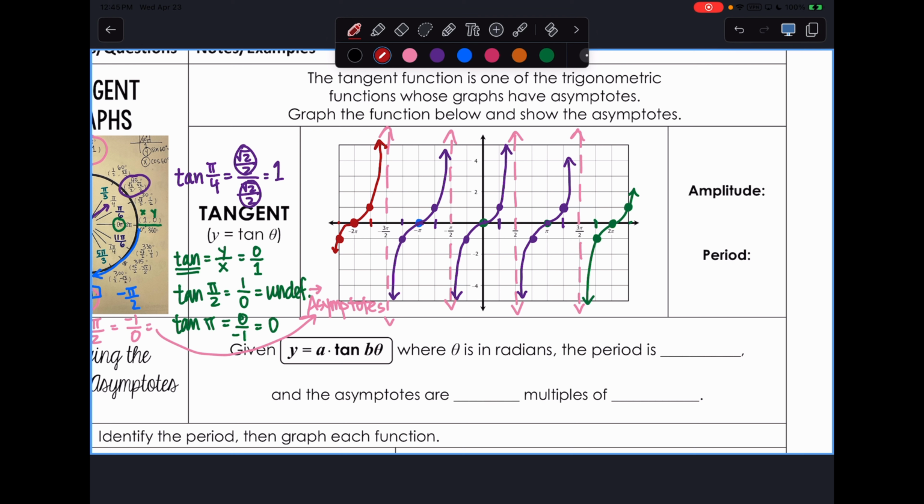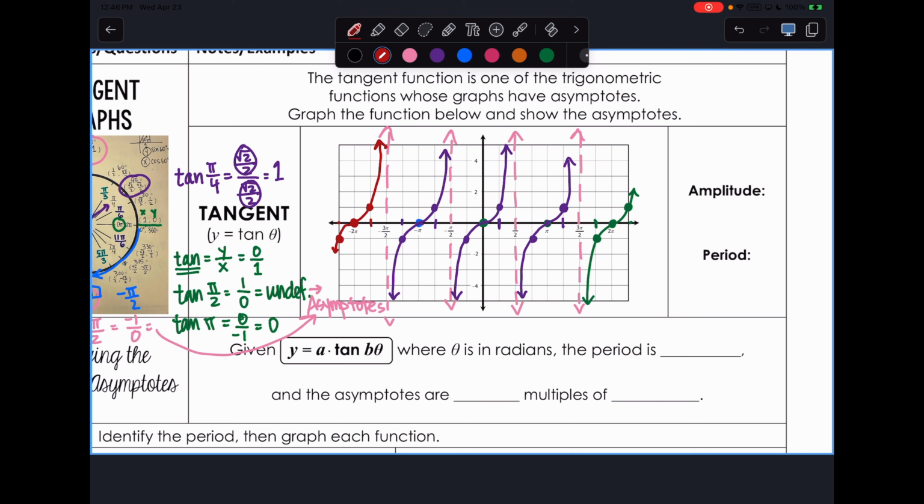Amplitude is where my high points and the low points are, right? But tangents don't have that. It goes in infinite directions in both directions, right? So the only way that the amplitude is counted is by going halfway between the center and the asymptote. And on that x value, you're going to go up as high as the amplitude reaches.